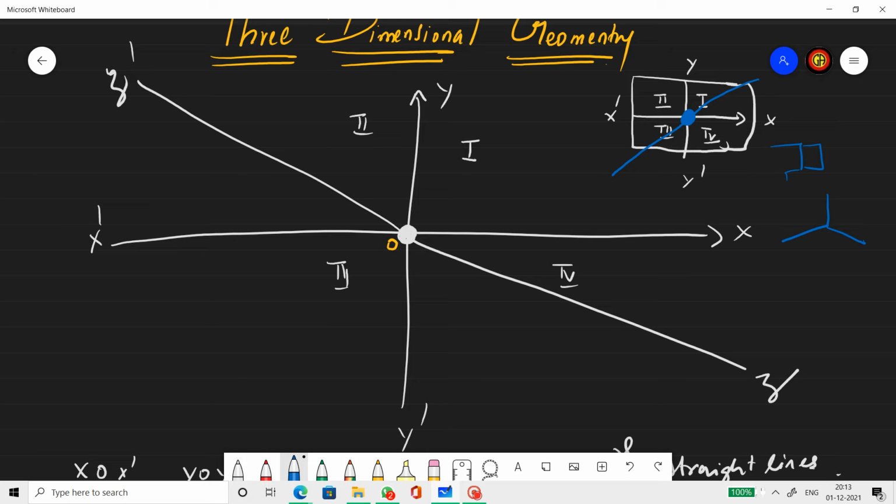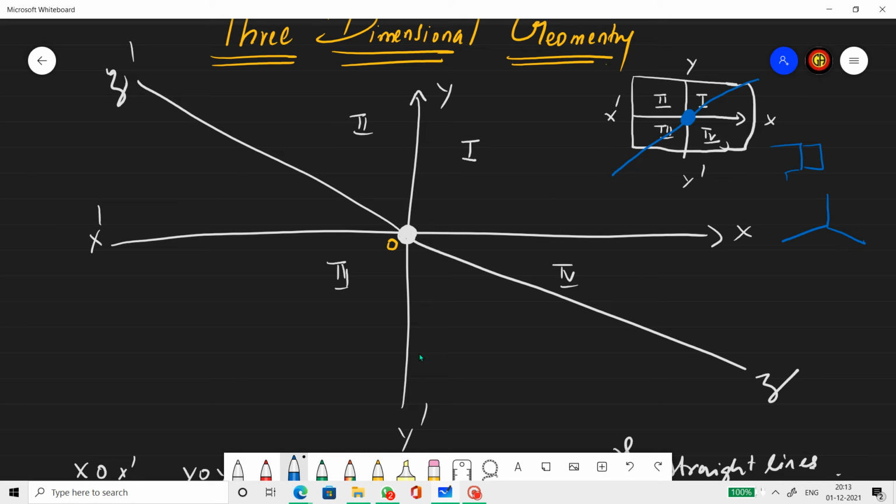So as I told you, in two-dimensional, the space is divided into four quadrants. Here in three-dimensional, the given space is divided into 8 parts, which we call octants. In the first octant, x is positive, y is positive, z is positive.